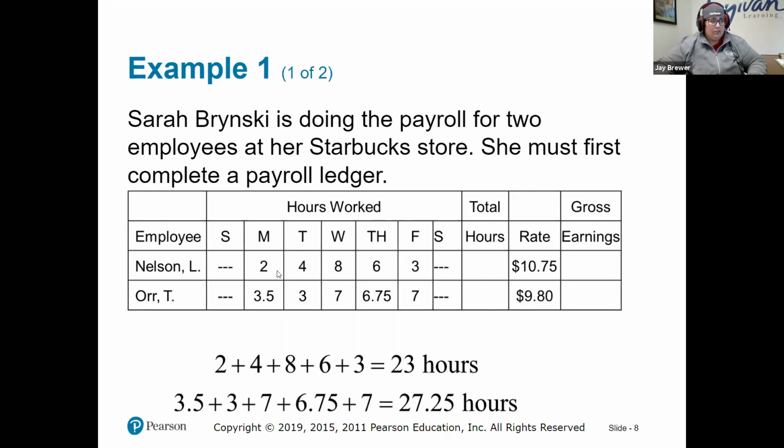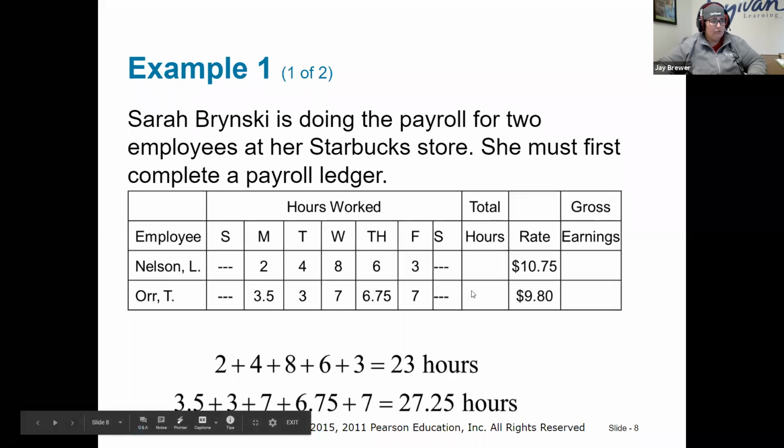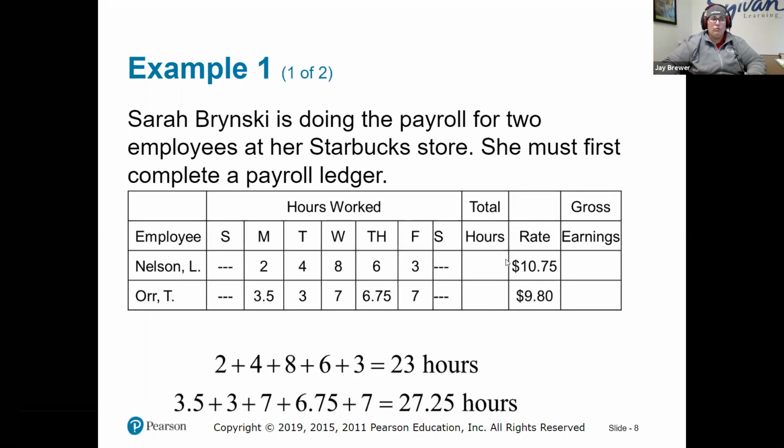So all you would do is add up going across L. Nelson's and T. Orr's. You can see they went ahead and did that for you, 23 hours and 27.25 hours. One person must have worked there a little bit longer or maybe came in with some experience. So they're at 10.75 and the other person's at 9.80. The other person could also just be older.